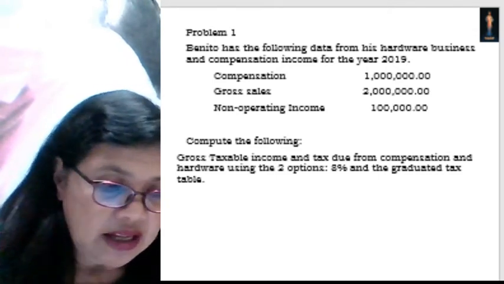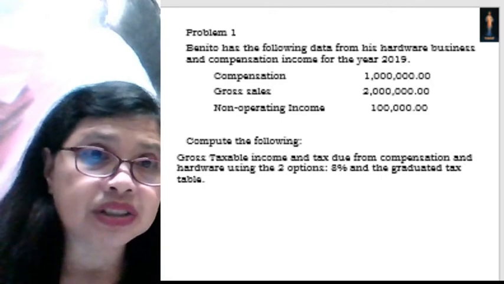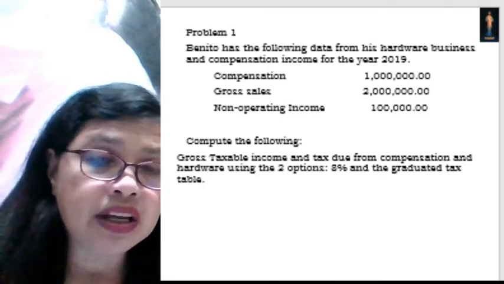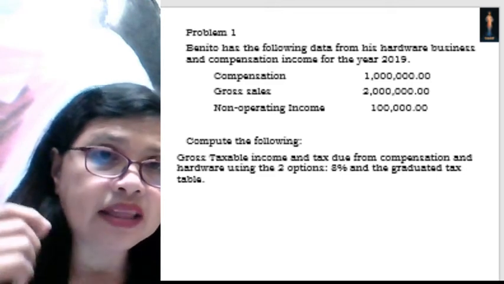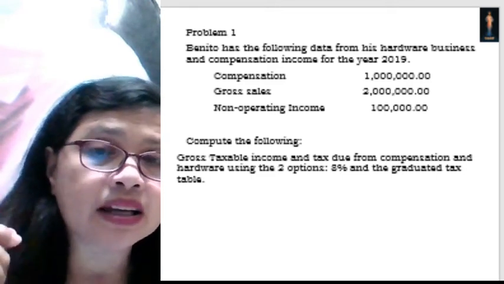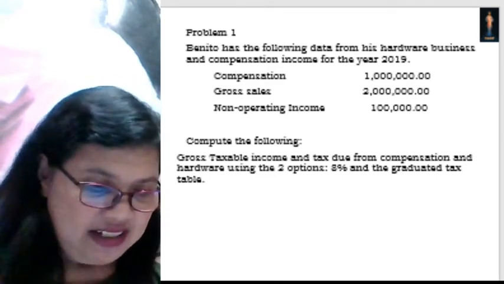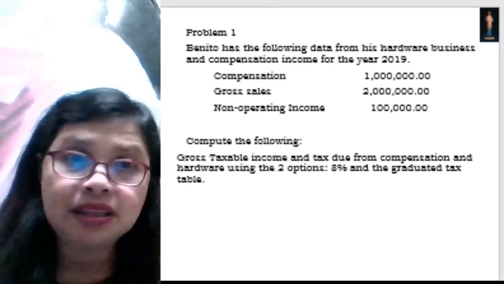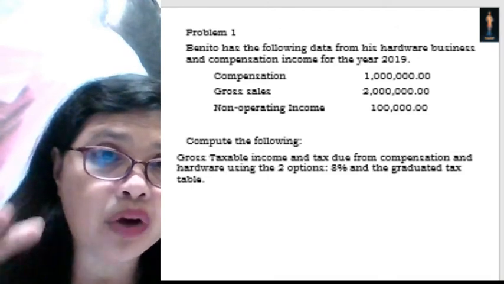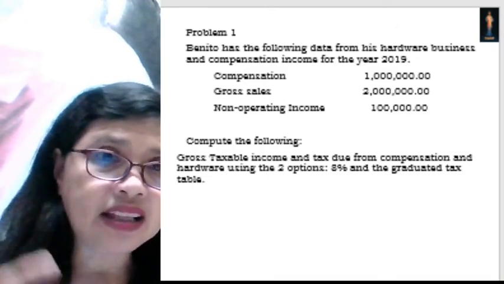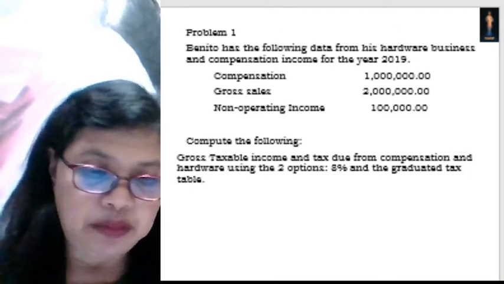I think this is a mixed income earner because he has income from his compensation, and he has income from his hardware business. Okay, but the requirement says you need to use the two options, the 8% and the graduated tax table.